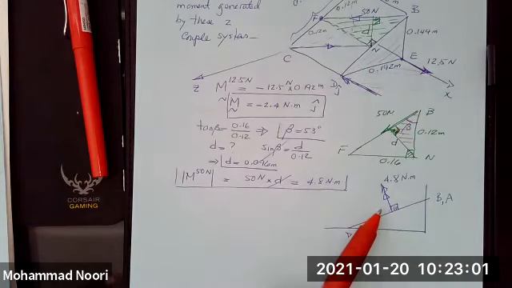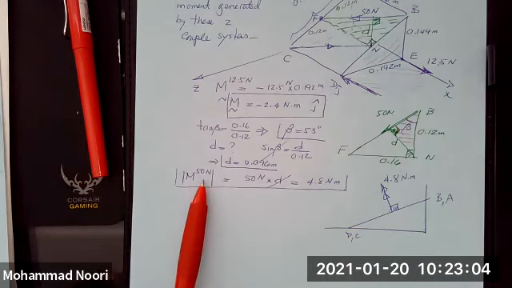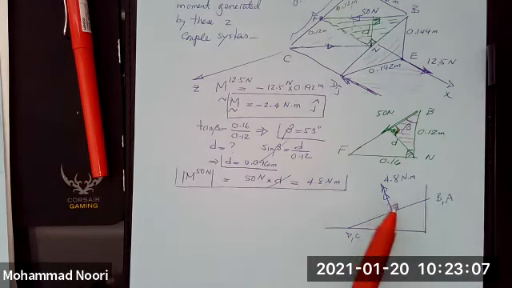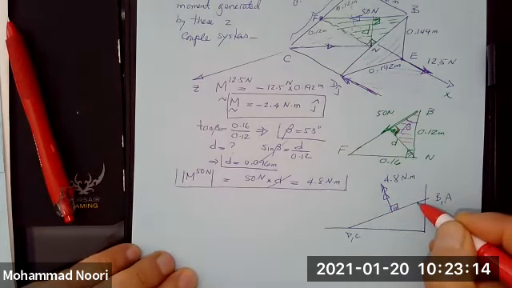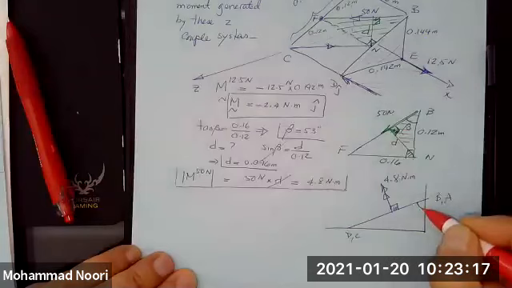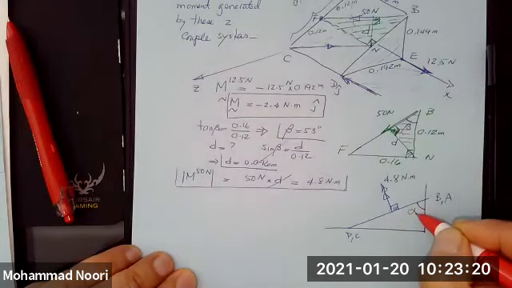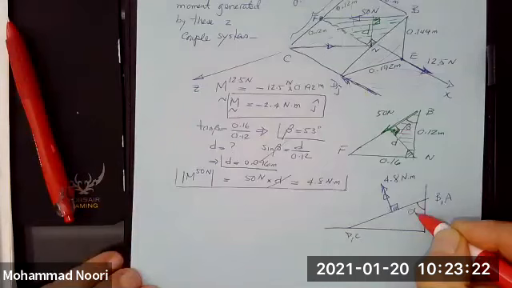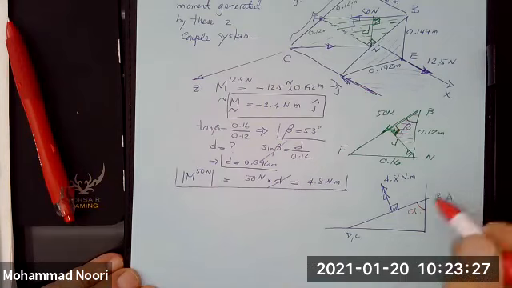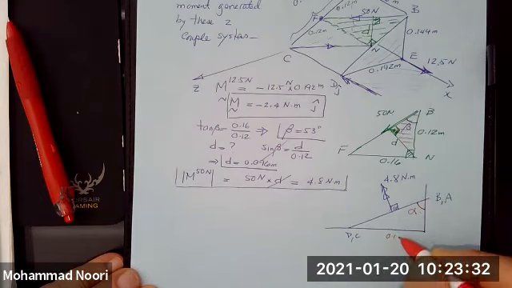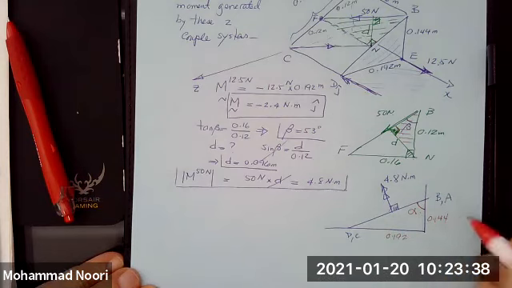So if that is this vector that represents this moment with this magnitude, how do I find the components of this? I have the magnitude. Let me call this angle alpha. I can find that alpha because this is 0.192, this is 0.144.